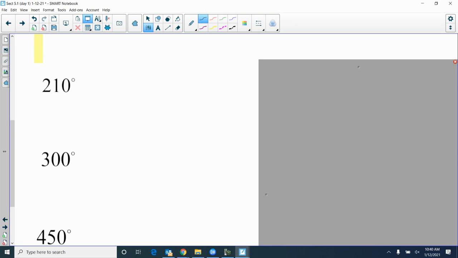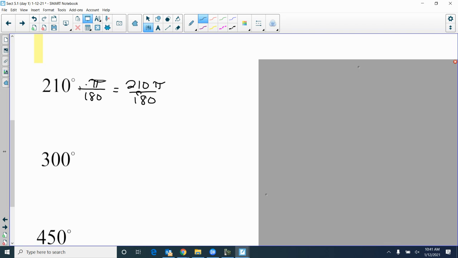All right, so 210 degrees. What do I multiply by? Multiply by pi over 180. So that's going to equal 210 pi divided by 180. All you really want to do is reduce the fraction.